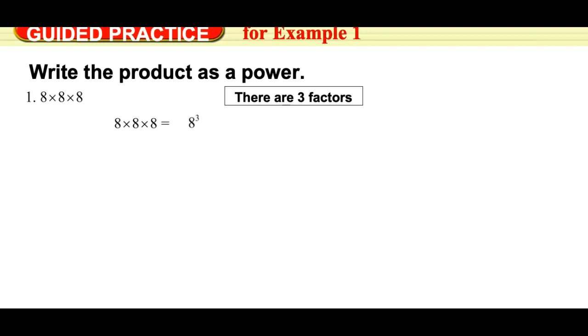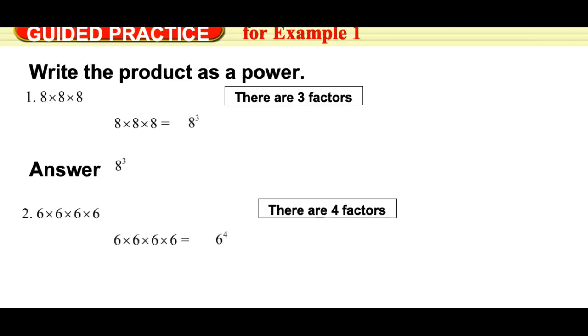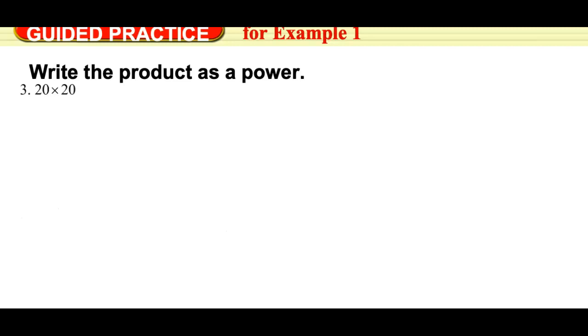Okay. So just a little bit more review. 6 times 6 times 6 times 6, that's the same as 6 to the fourth. 20 times 20 is the same as 20 to the second, or we say squared. So you will hear that a lot, 20 squared.